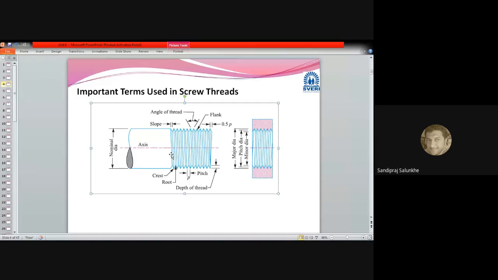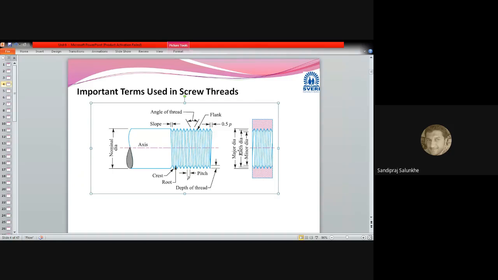In case of these valleys, if you measure the minimum diameter, it is called the minor diameter, which is mentioned here on the second part, that is the nut. And the mean of the major and minor diameter is called the pitch diameter of the threads, also known as the mean diameter of the threads.